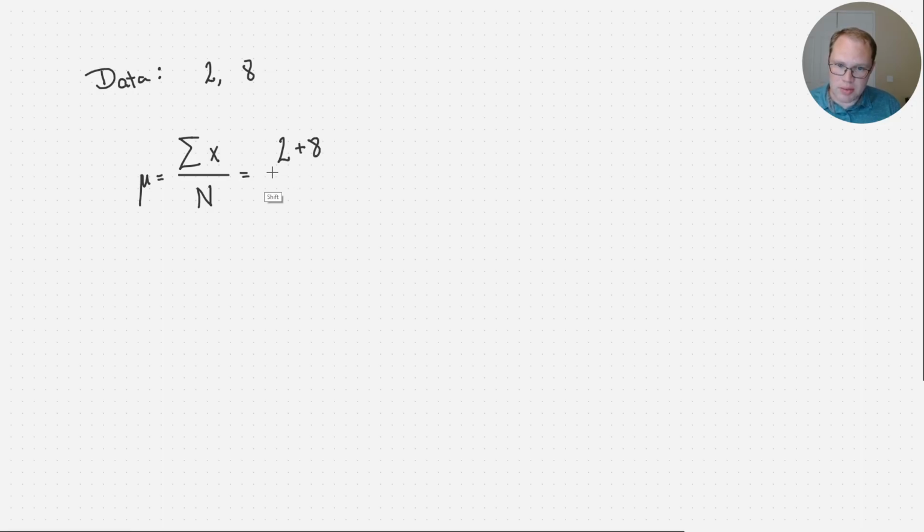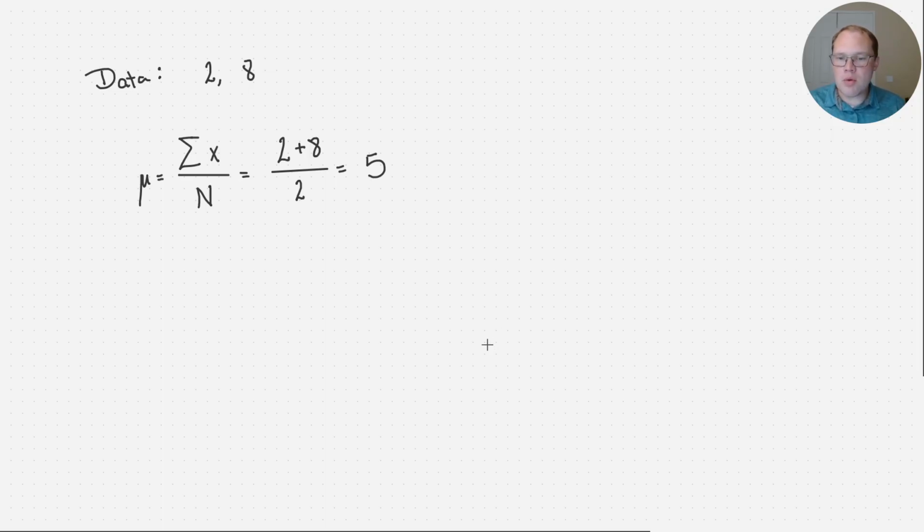That's what the numerator means. On the bottom, we divide by how many there are, and there are 2 values in our data. So 2 plus 8 is 10, divided by 2. That means the mean of this very small population is 5.